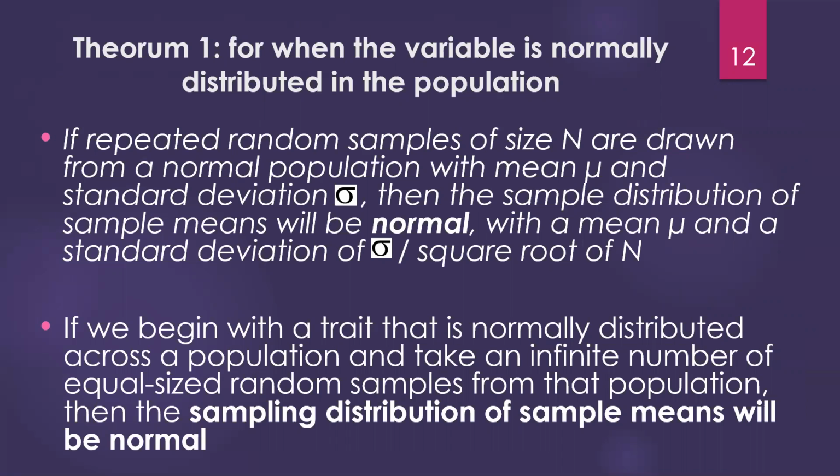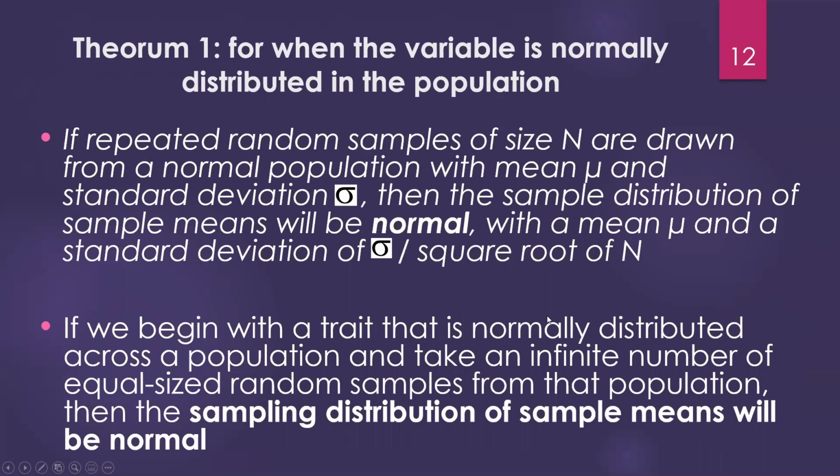So the first theorem applies when the population is a normal curve. And then theorem number two is what happens when the population is not a normal curve. What happens with the sampling distribution if the variable is normally distributed in the population? That's our first one.